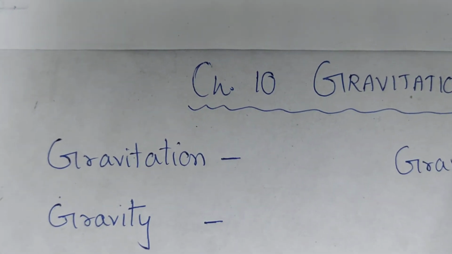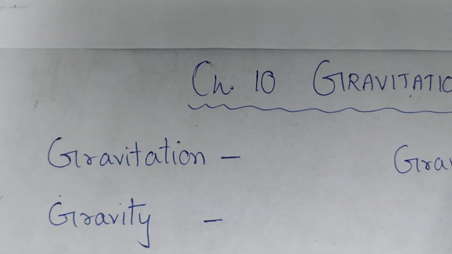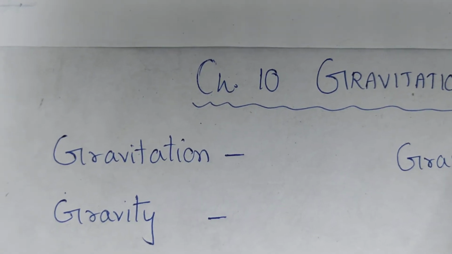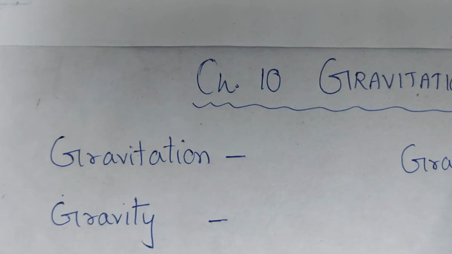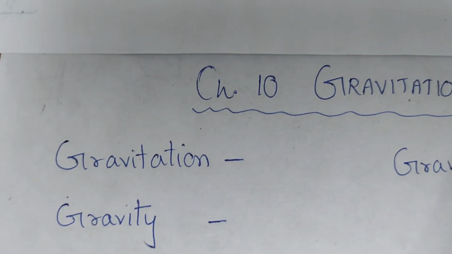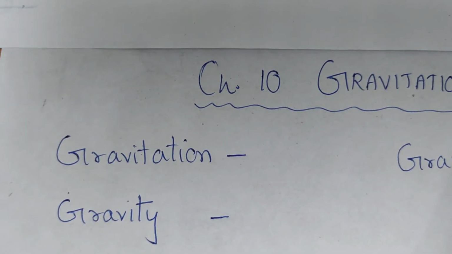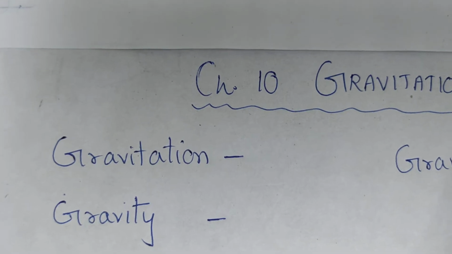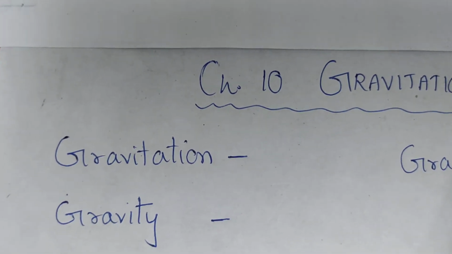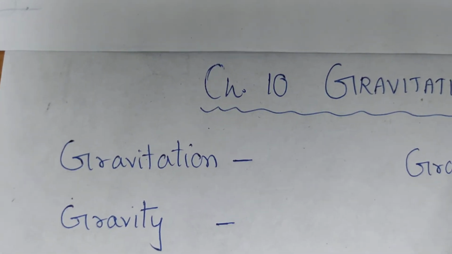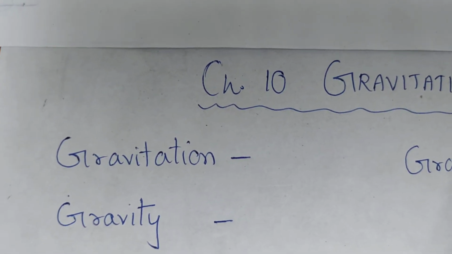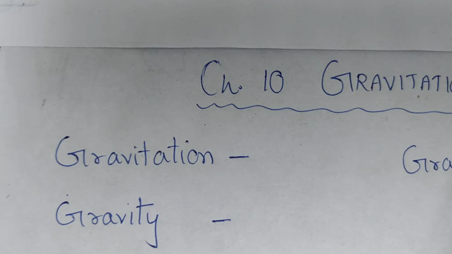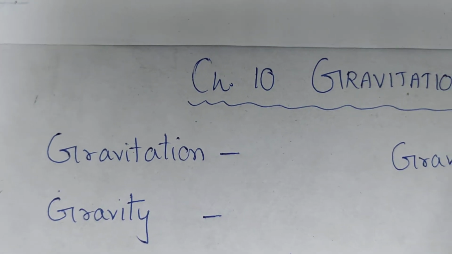Or we can also define gravity as the force of attraction between Earth and any body on it or close to it. Or we can say gravity acting on a body is the force with which Earth attracts a body towards itself. Generally, when we say gravity, we are talking about Earth's gravity. Actually, it can be gravity due to any other heavenly body.